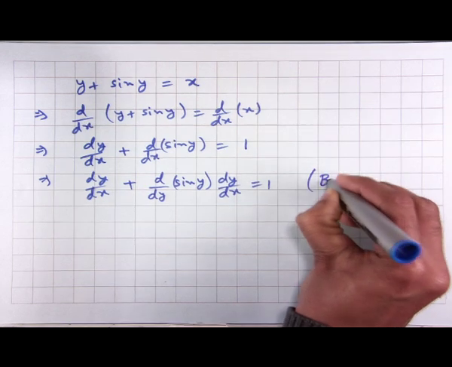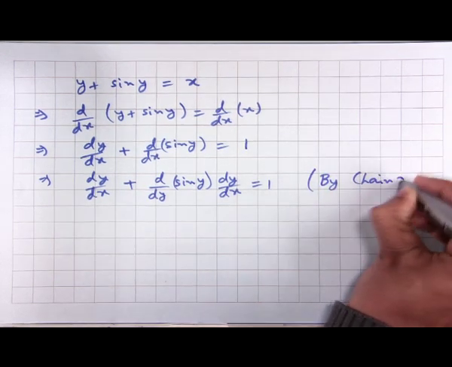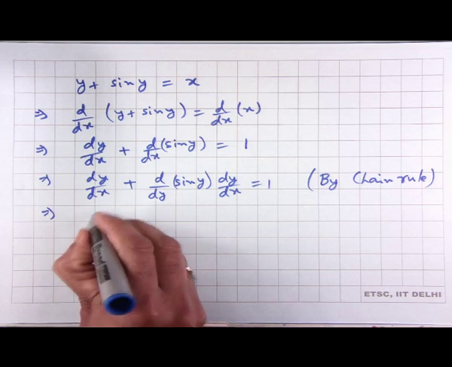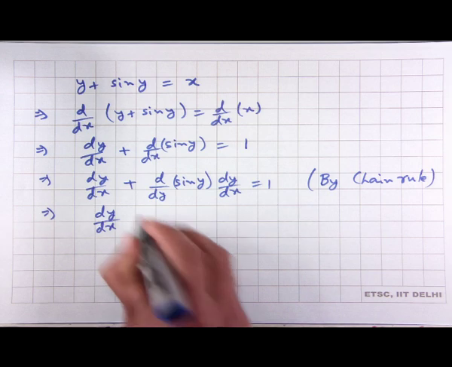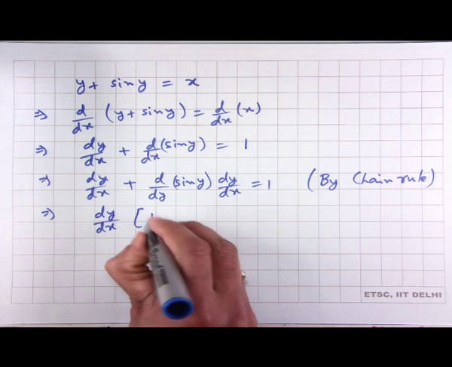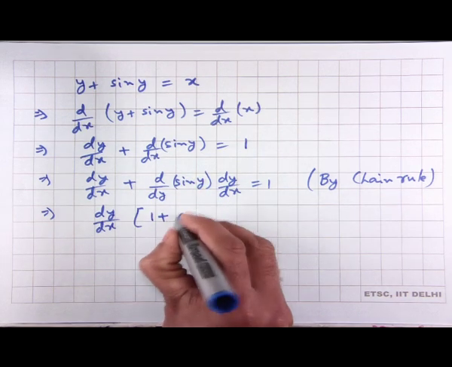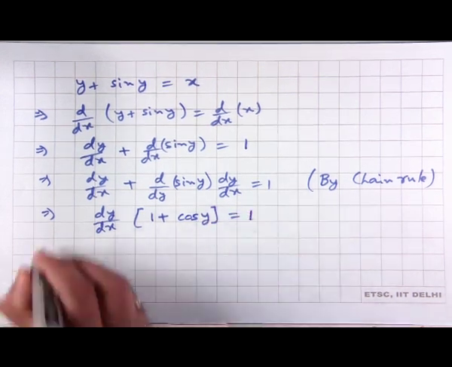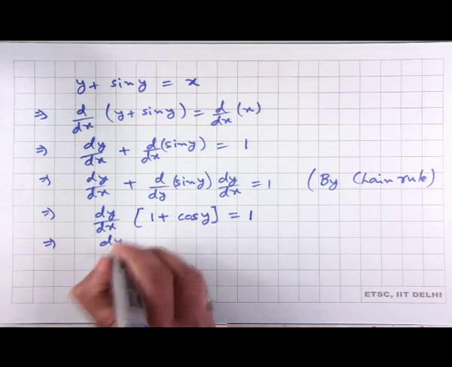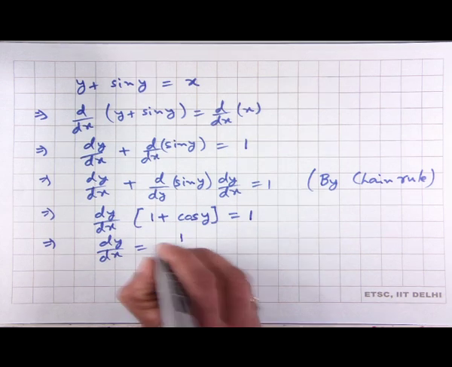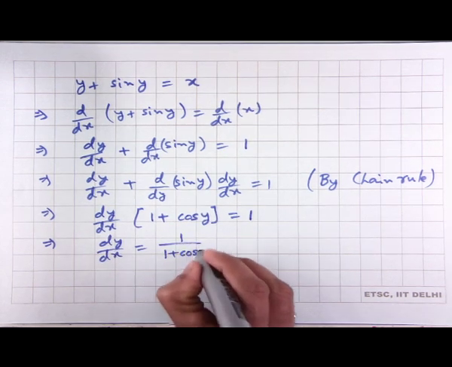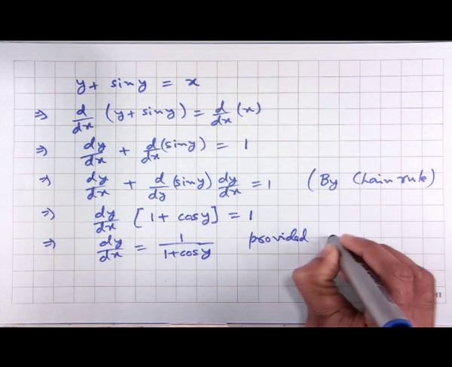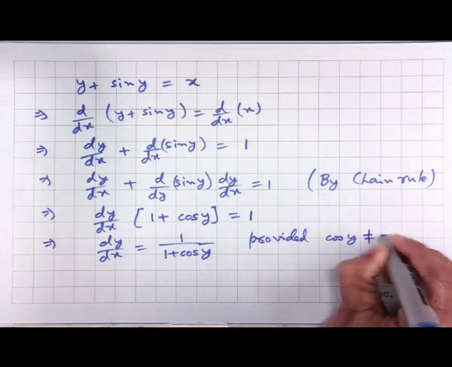So, I can take dy dx common: dy dx times 1 plus cos y is equal to 1. This implies dy dx is equal to 1 over 1 plus cos y, provided cos y is not equal to minus 1.